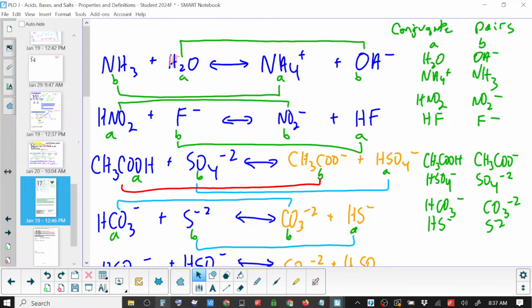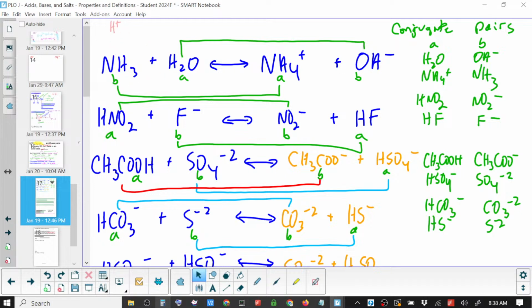This is our proton acceptor, it moves over here. When it's moving from here to here, the other part that's moving is the charge. So if the hydrogen moves from water to NH3, then this goes up by that hydrogen, but you also have to change the charge. That charge has moved from here over to there.